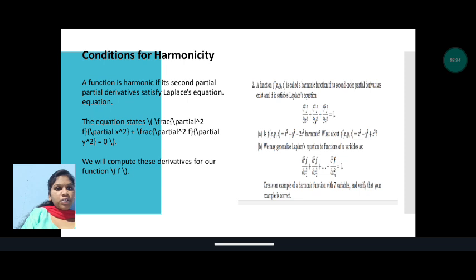Conditions for harmonicity. A function is harmonic if its second partial derivatives satisfy the Laplace equation. The equation states: the second partial derivative with respect to x plus the second partial derivative with respect to y equals zero. We will compute these derivatives for our function.